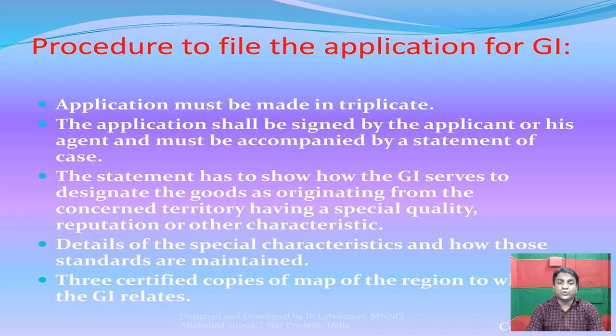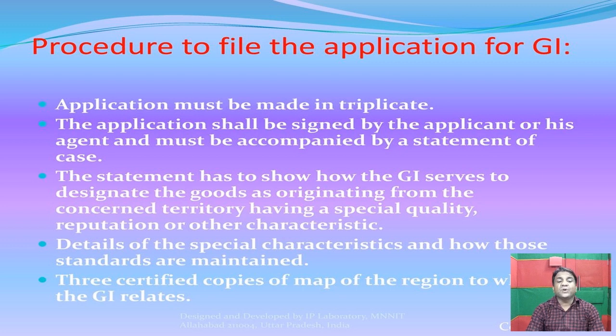The statement has to show how the GI serves to designate the goods as originating from the concerned territory or region, having a special quality, goodwill or reputation or other characteristics of the goods.